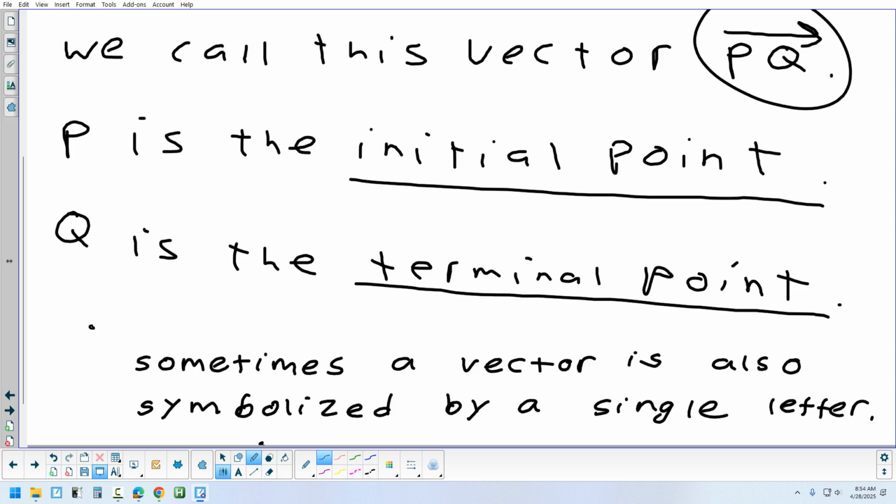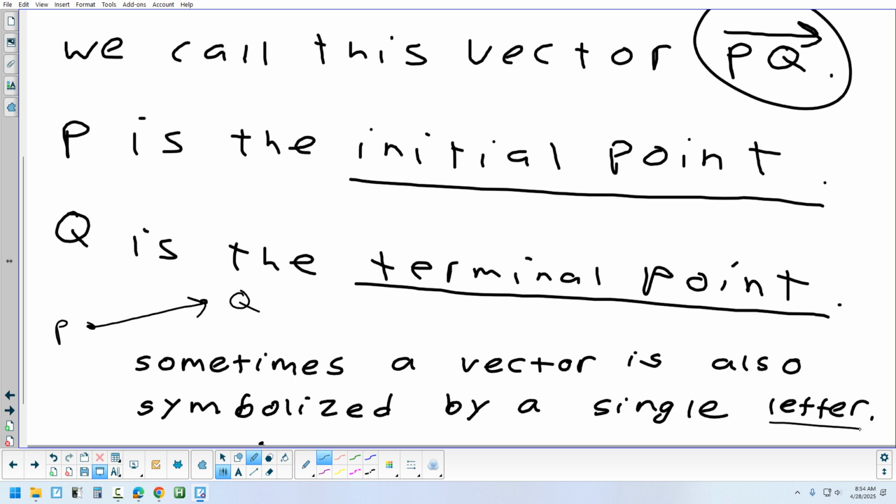So let's say that we start at point P and we go towards point Q. That's my vector. There's the length of it, and the direction it's pointing is up and to the right. I can call that vector a single letter. Okay? I can name it with just a letter.